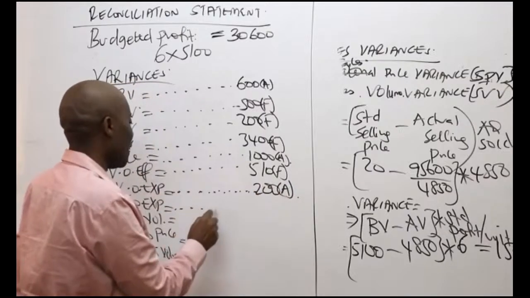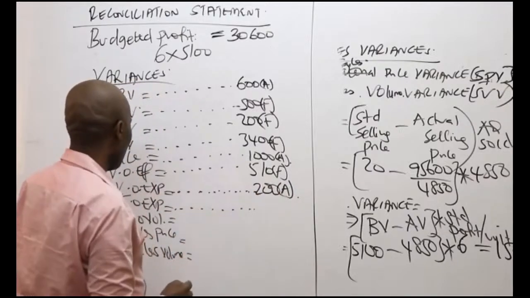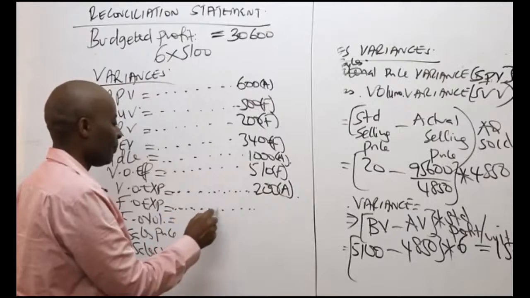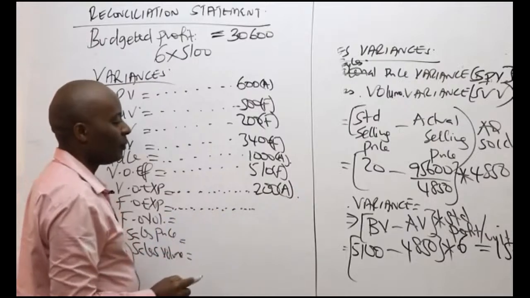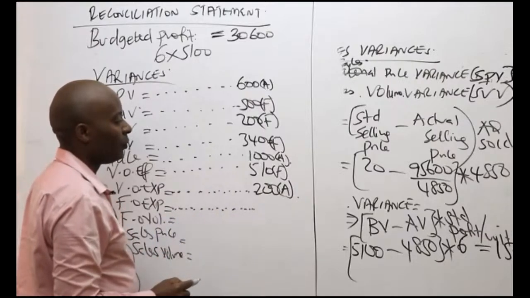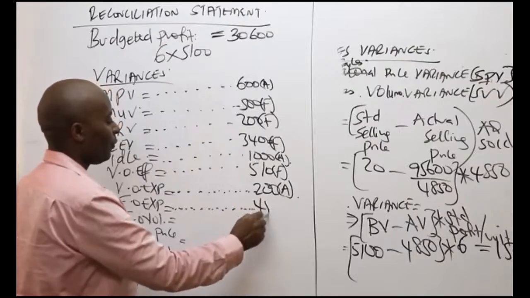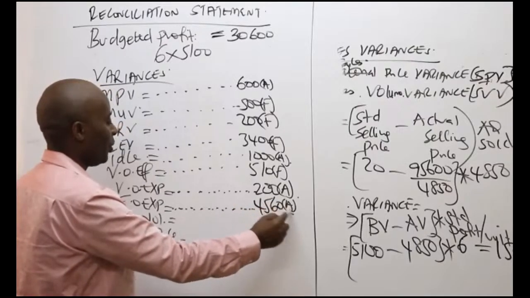So fixed overhead expenditure. 4,560 adverse. Thank you.